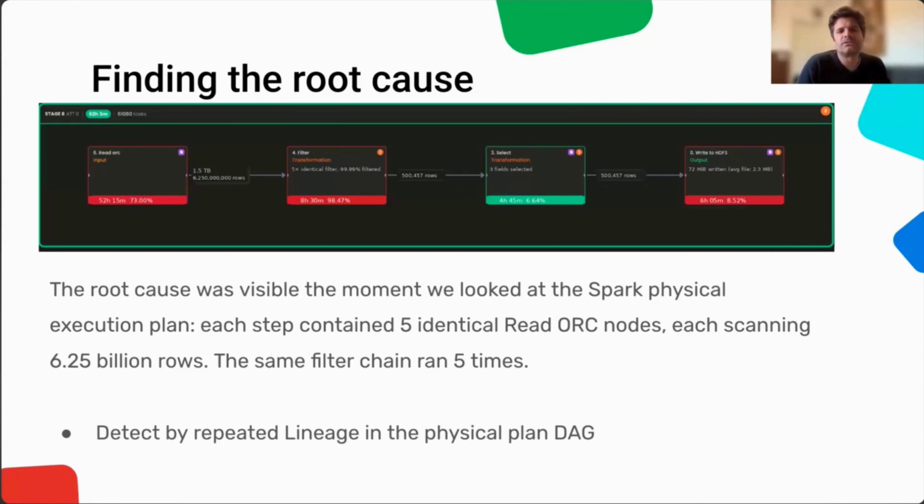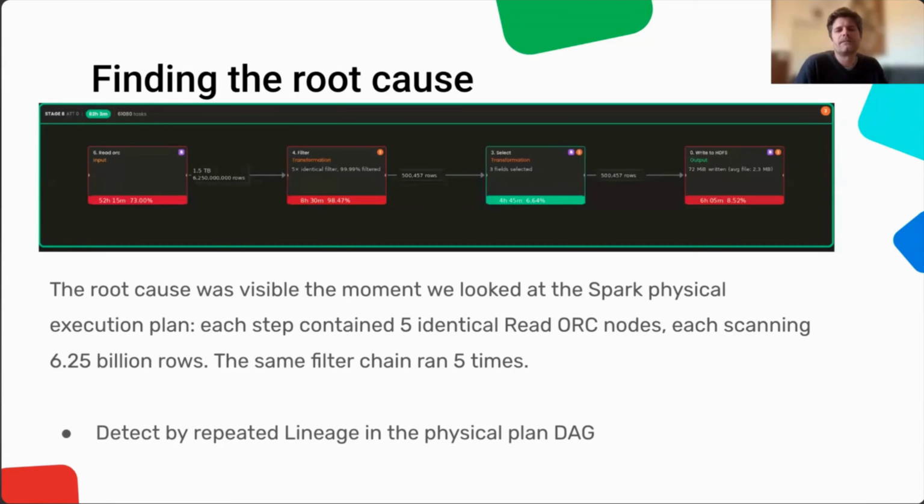Finding the root cause in one of the scenarios, we saw that for each step in each Spark session, five identical data reads were done, causing 6.25 billion rows read that was unnecessary. And if you look at the visualization in our enriched Spark, you can see that after the filter, you have only 500K rows.